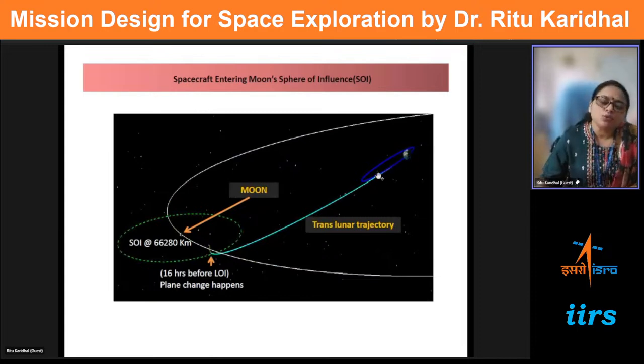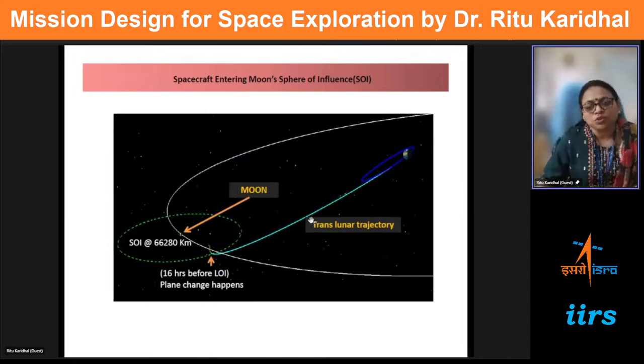And then I told you about this orbit where the satellite slowly moves and goes near to the orbit of the moon. And there's something called a sphere of influence. You must be wondering, when Earth is exerting gravity force, how the moon is able to pull the satellite so near that it stops rotating around Earth and starts rotating about the moon. This is a very important aspect.